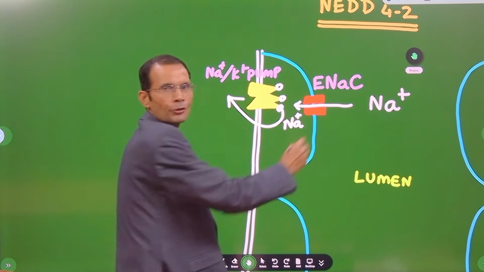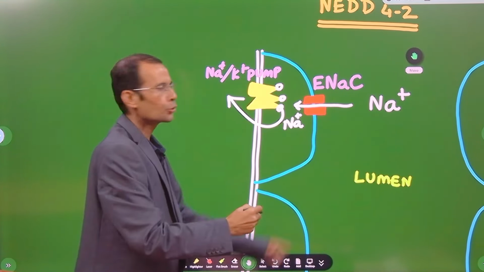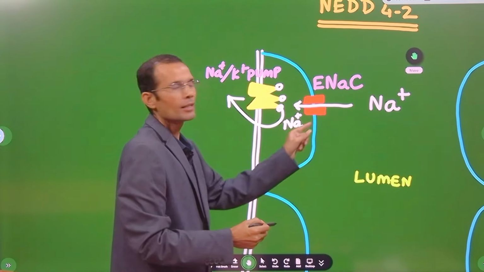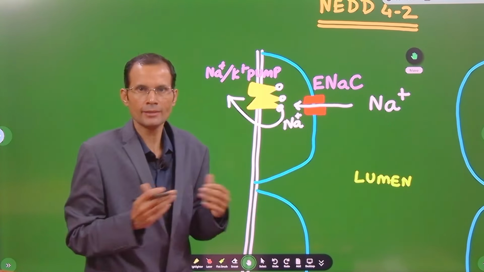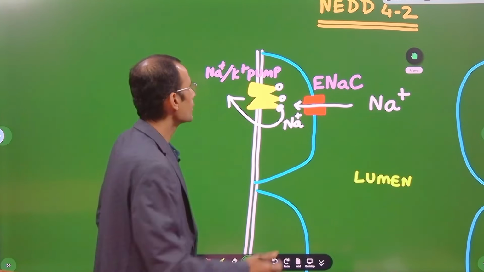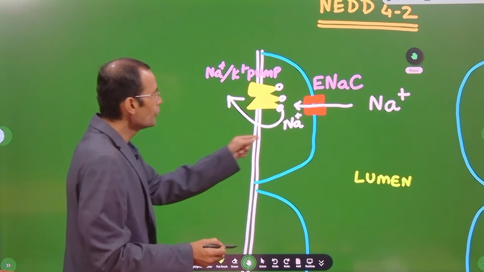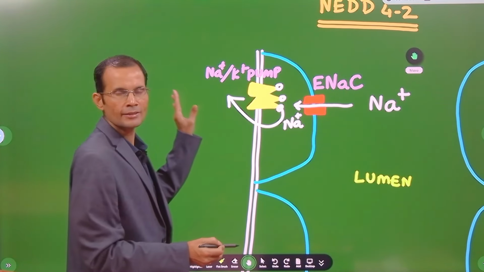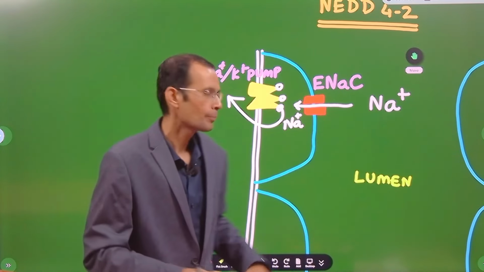Sodium from the tubular fluid in the lumen will first enter the cell through the apical membrane via this transport protein, the ENaC, which is a channel, epithelial sodium channel. And then once inside the cell, it will be removed from the cell and sent into the blood by action of the sodium potassium pump.